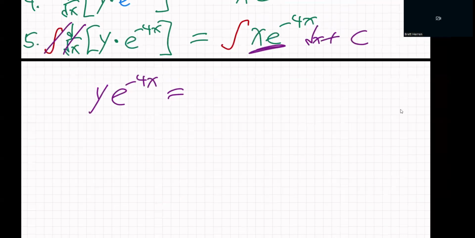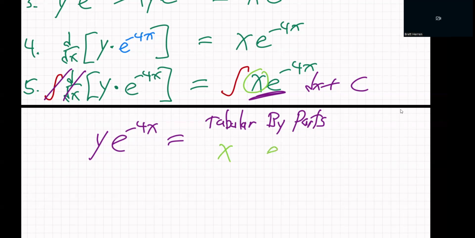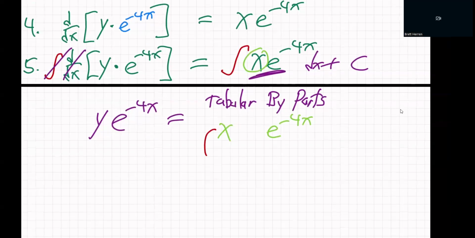Tabular, just a shortcut for by parts. I'm going to put the x here and e to the minus 4x there. Derivative of x is 1, derivative, 0. Keep going till you get down to 0. This side, you're going to go integral.